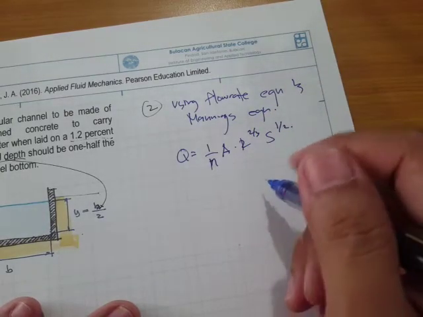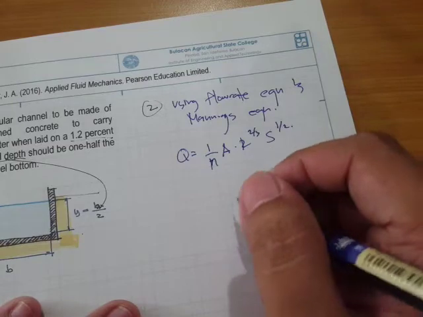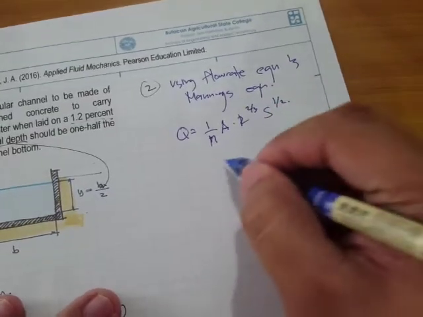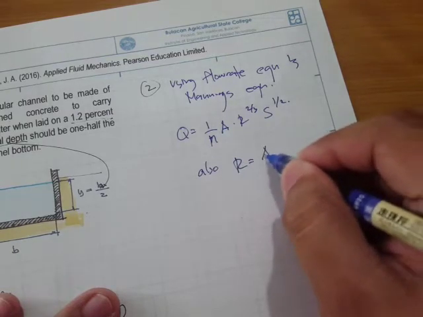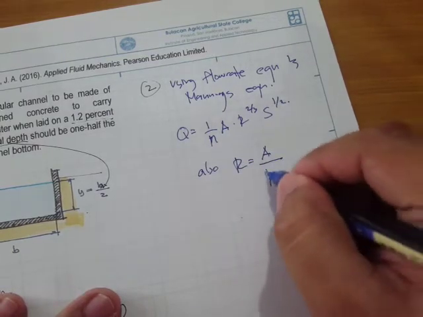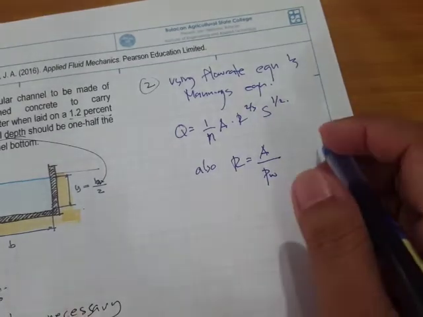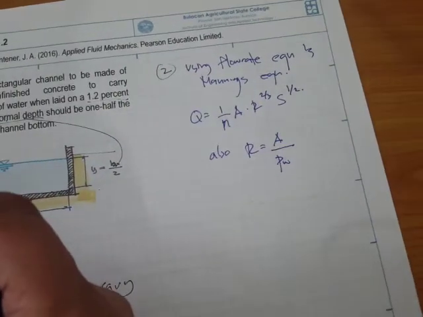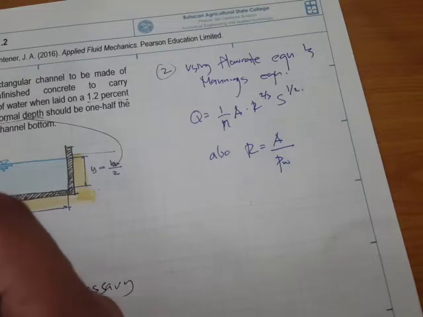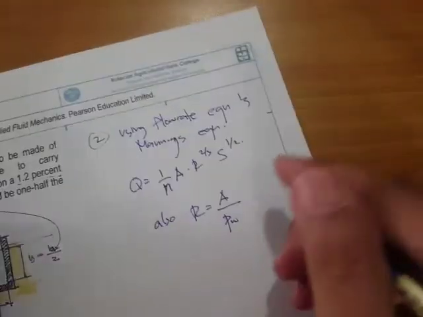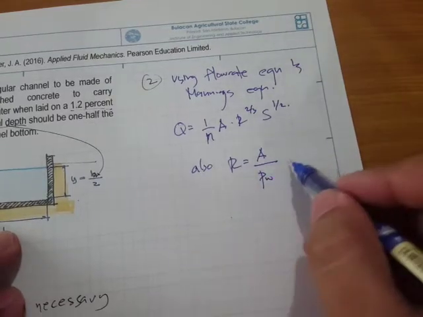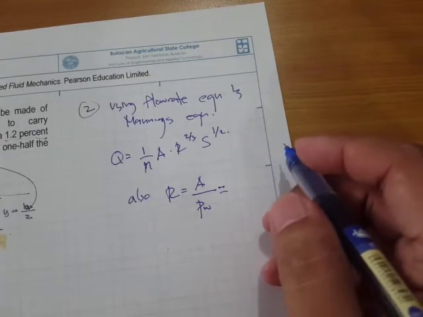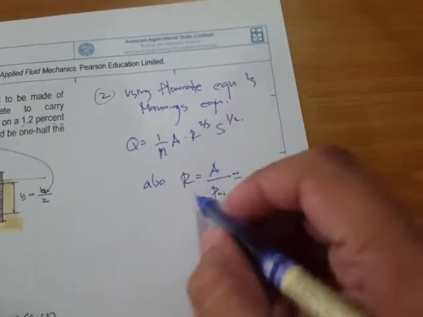And of course R, we know that R is equal to area divided by the wetted perimeter.